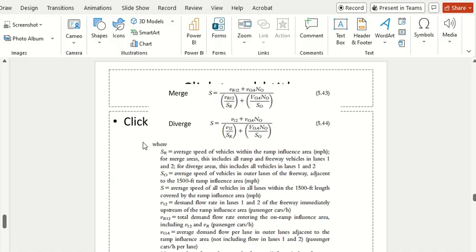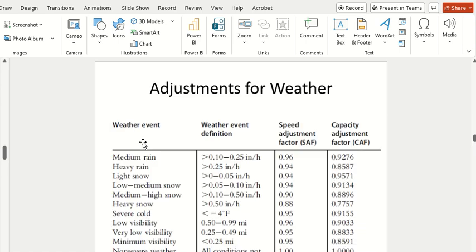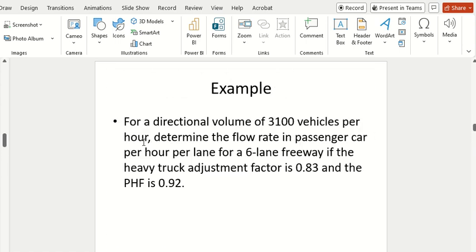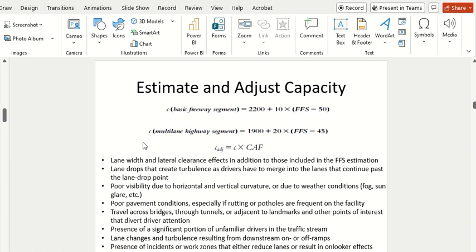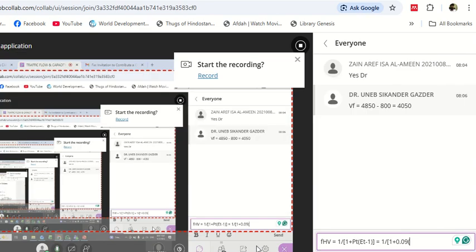Okay, and ET for the level terrain, I have a table for that. This one. So for level terrain, ET is 2.